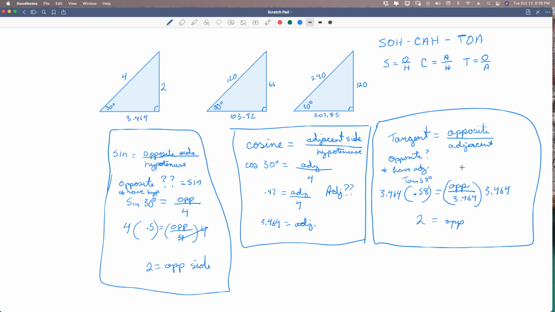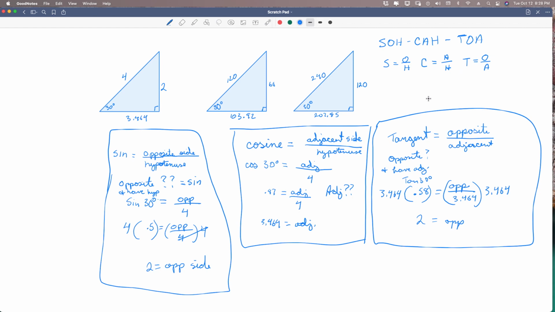And remember, you're always looking for the number on the top, given that you have the information on the bottom. Okay, that is how it works. You're looking for the top number, you have the bottom number, and you can find the sine, cosine, and tangent for the degree of that angle on your calculator.